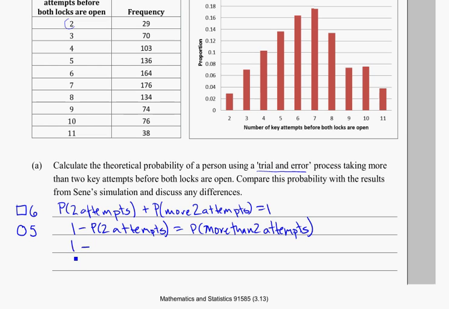So I can go 1 minus the probability of getting the deadlock right on the first try, which is 1 out of 6, and then the probability of getting the door lock right on the first try is 1 out of 5. So if I put these 2 things together, I'm going to get the probability of more than 2 attempts. So that's everything else. And when we do this up, we get 0.9667. So that is my probability for more than 2 attempts.